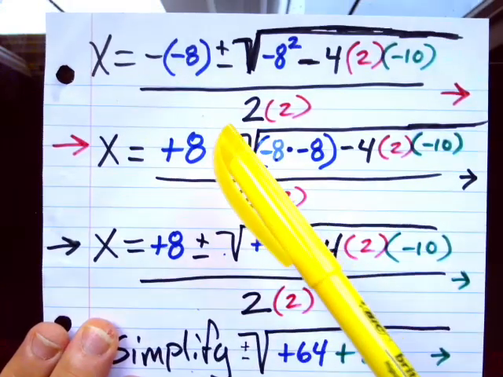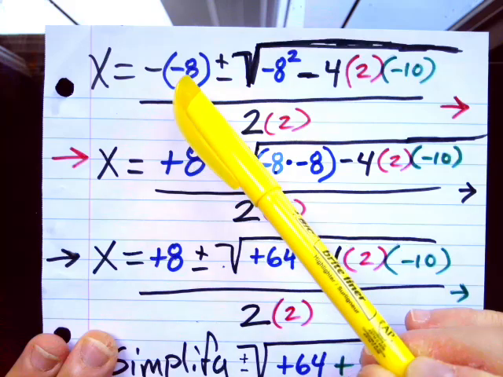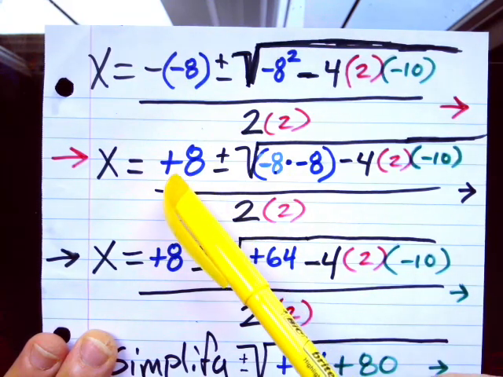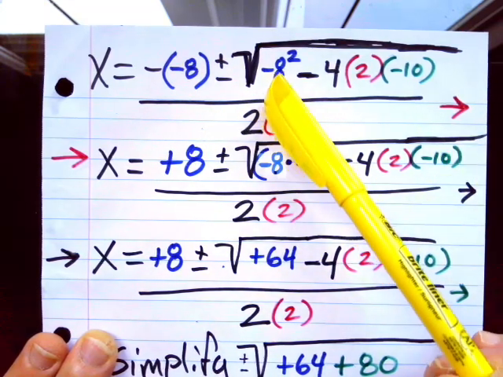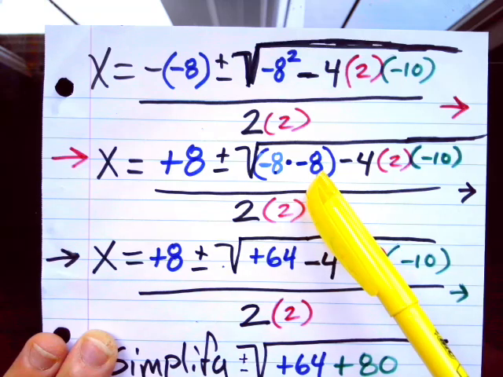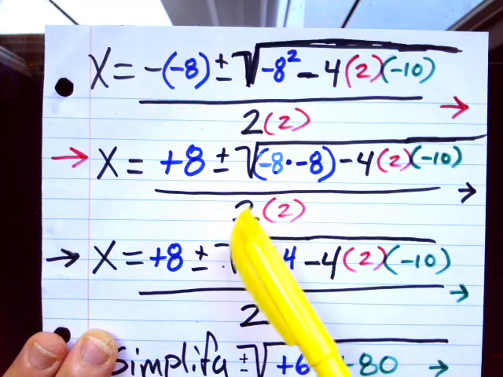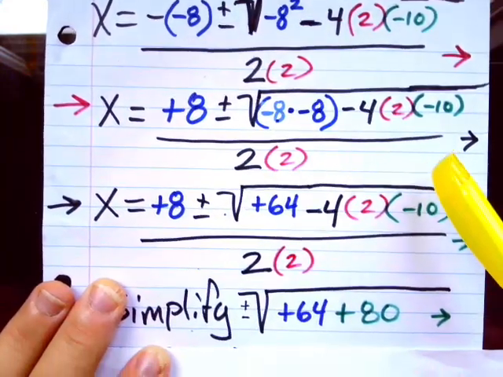I want you to see this. Negative 1, or distributing that negative invisible 1 times that negative 8 is a positive 8. And that's why you see here, positive 8 plus or minus the radical. Negative 8 squared is negative 8 times negative 8. And I'm going to multiply these guys here. 2 times 2 is in the denominator's place. That's the bottom part of this fraction.